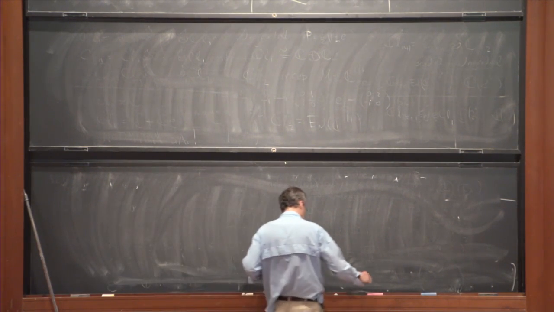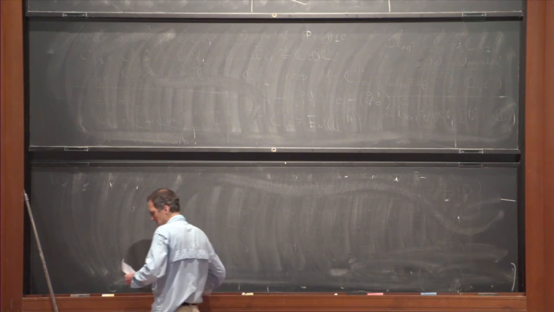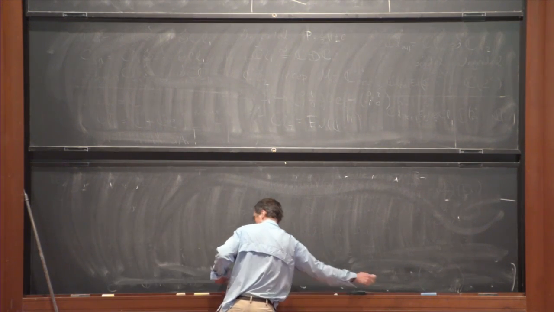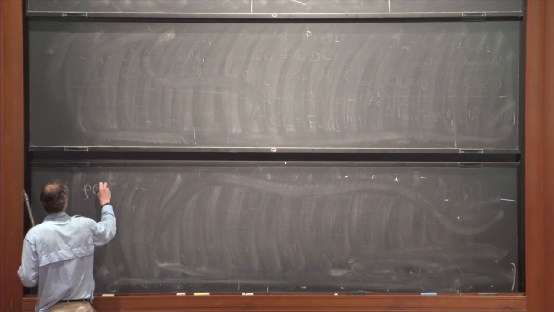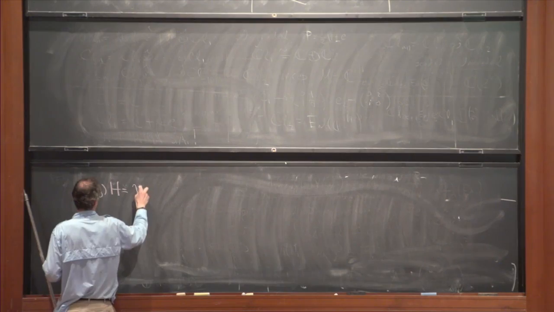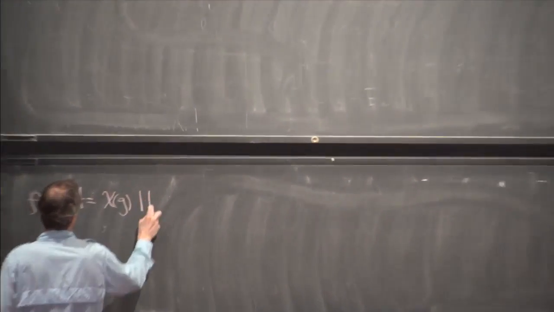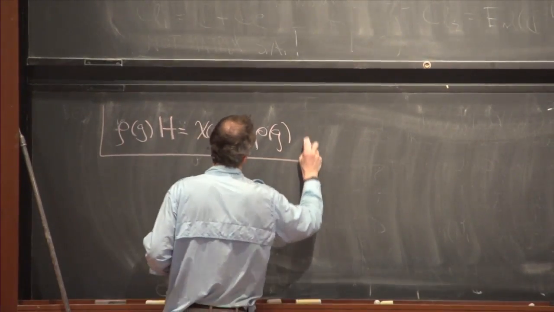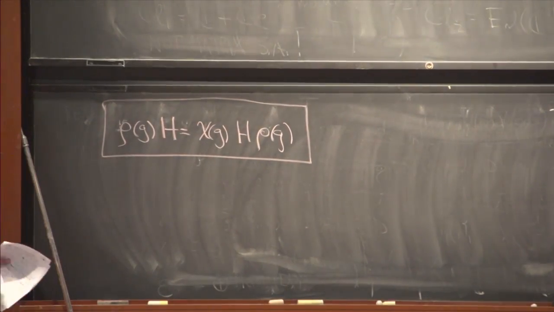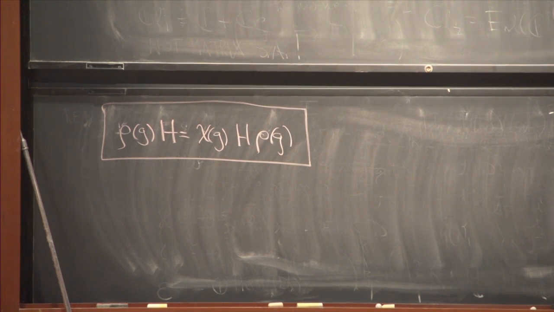And the formula is, let's see, I'm not supposed to use blue. The formula is that rho of g, H, is chi of g, H, rho of g. Now, we can look at this formula in many different ways, and I'm just going to discuss one of them.